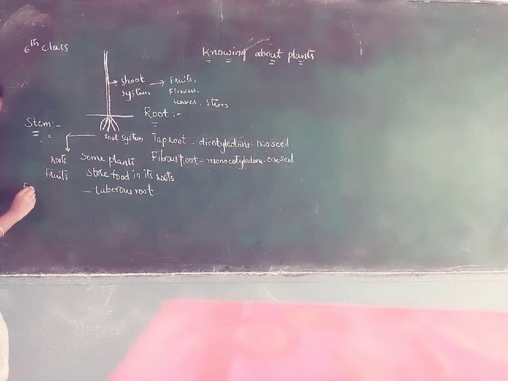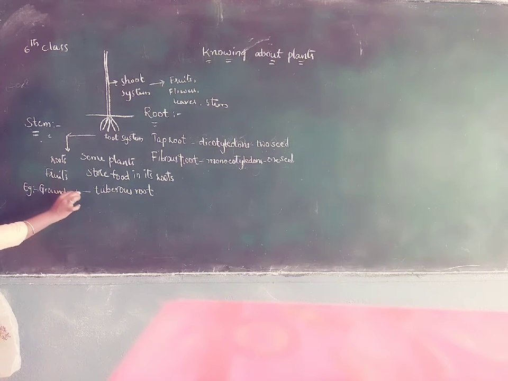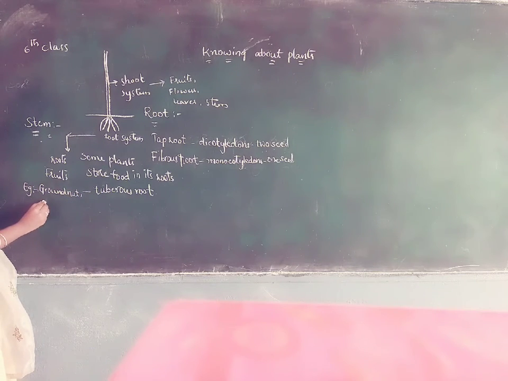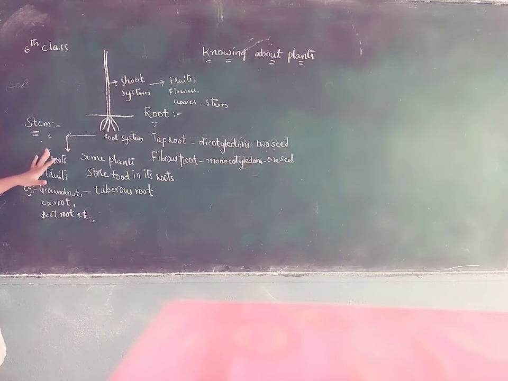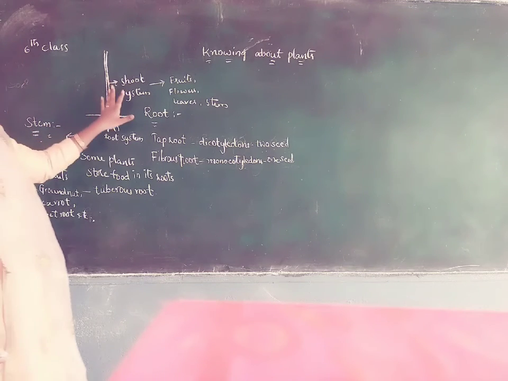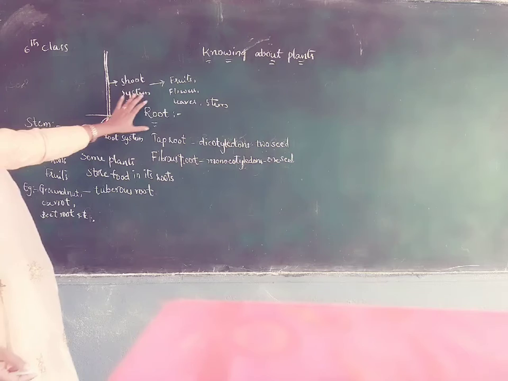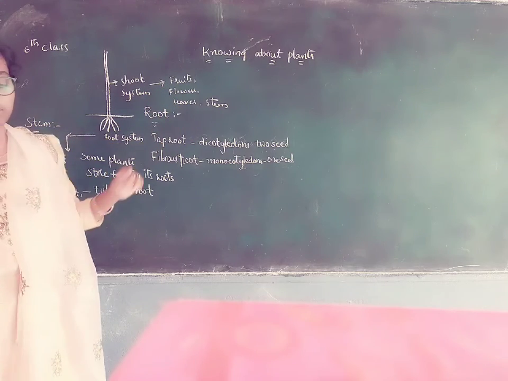For example, groundnut, carrot, beetroot, etc. For these plants, the root system contains roots and fruits. Commonly, the shoot system contains fruits, flowers, leaves and stem.